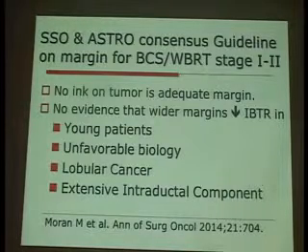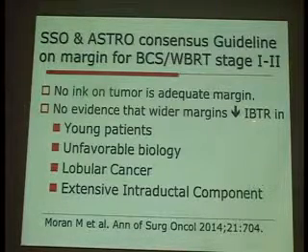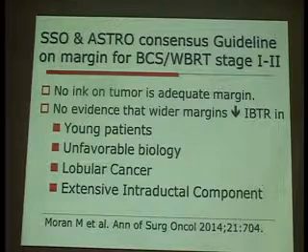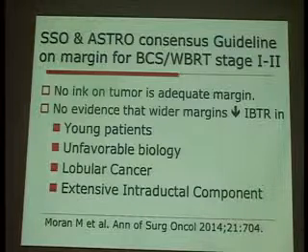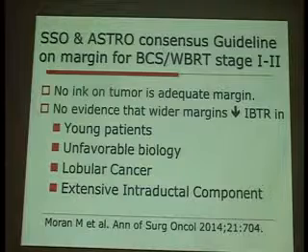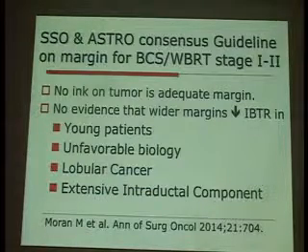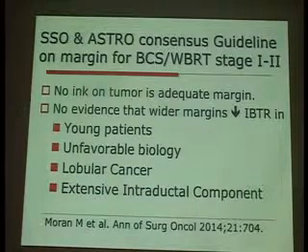On top of that, they concluded that there was no evidence that a wider margin will decrease ipsilateral tumor recurrence in young patients, or those who have unfavorable biology, which means those that are triple negative or HER2 positive, lobular carcinoma in situ, or those who have extensive intraductal component.